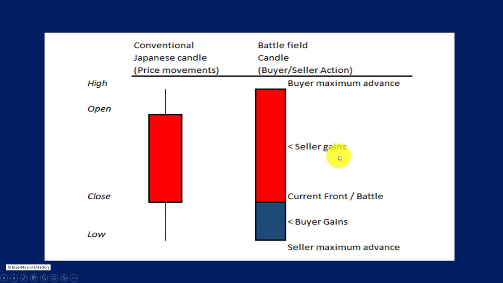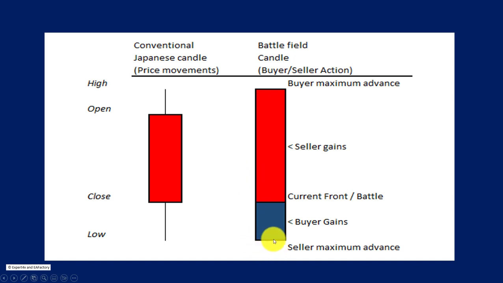So now the candle that you see on this side is actually showing the gains made by the sellers and the gains made by the buyers, and that level there is the maximum buyer advance. So in other words, the buyers could not get past that particular point, and therefore that is actually a very important point, because that's a major level of resistance, and the sellers push the buyers down from that level.